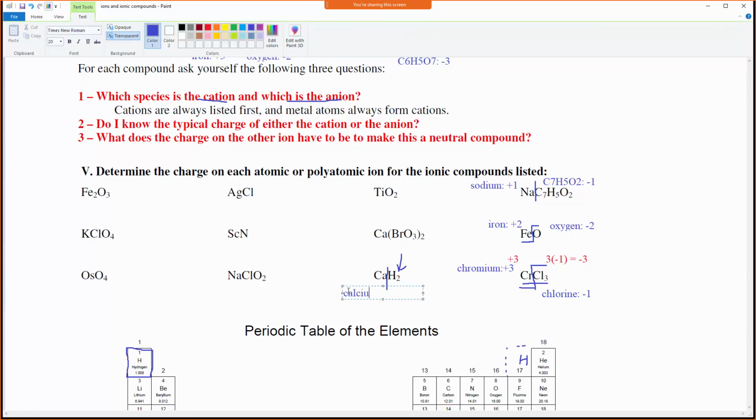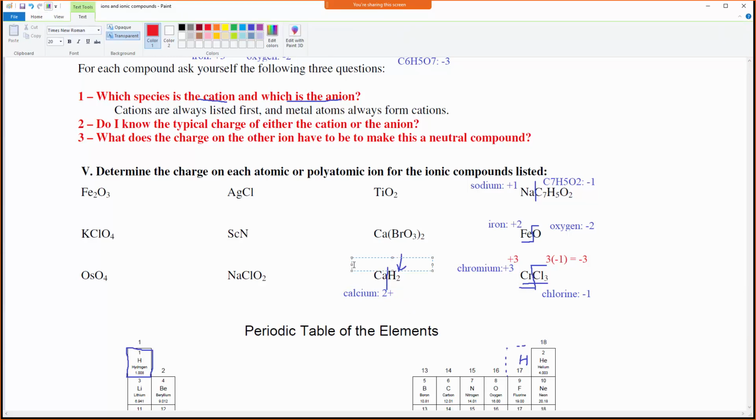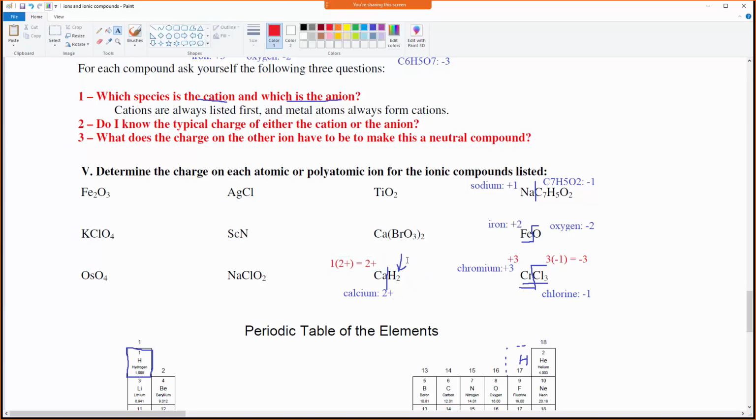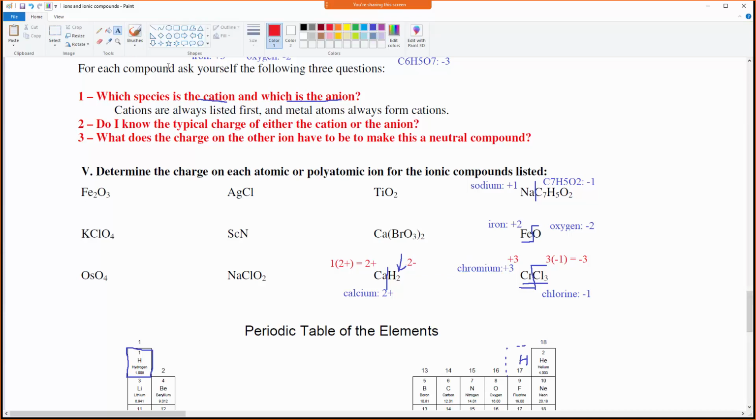Calcium is a 2+ ion, and as we know, if I have one calcium with 2+ charge, I'm going to have an overall 2+ contribution. Which means over here, I've got to have what kind of charge contribution? If that's going to be neutral, it's got to be 2-.